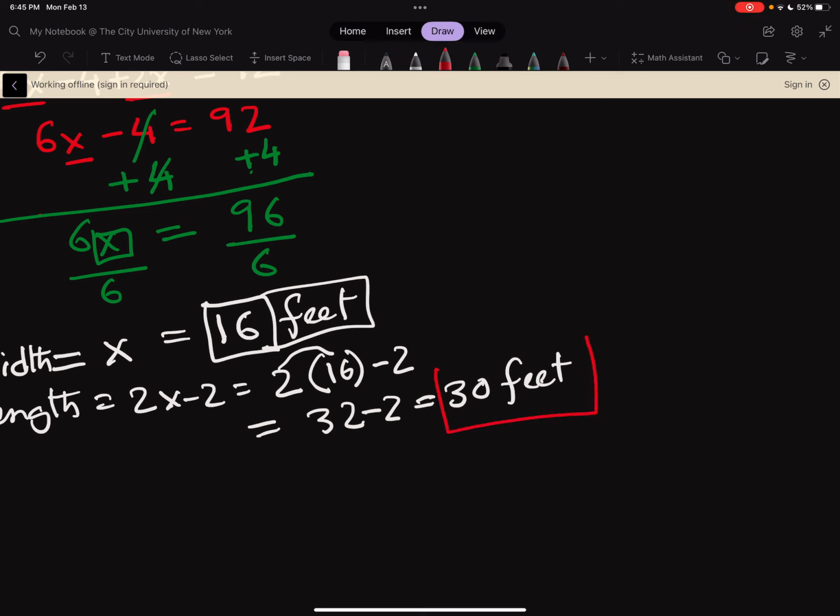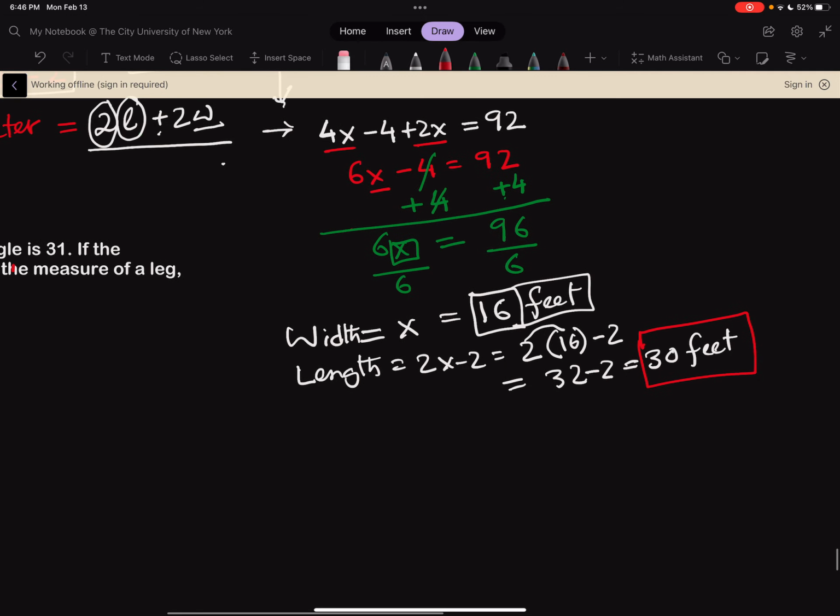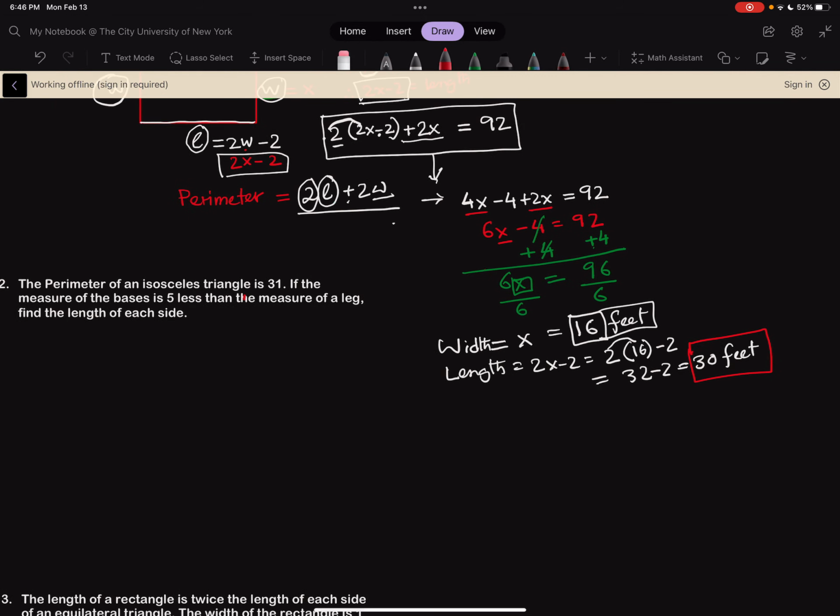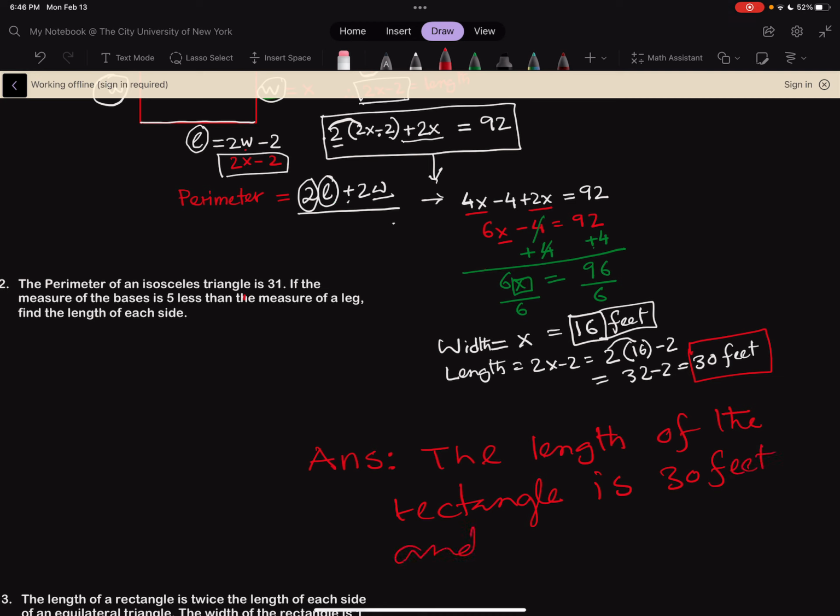Now your job is to write the answers. The length of the rectangle is 30 feet, and the width is 16 feet.